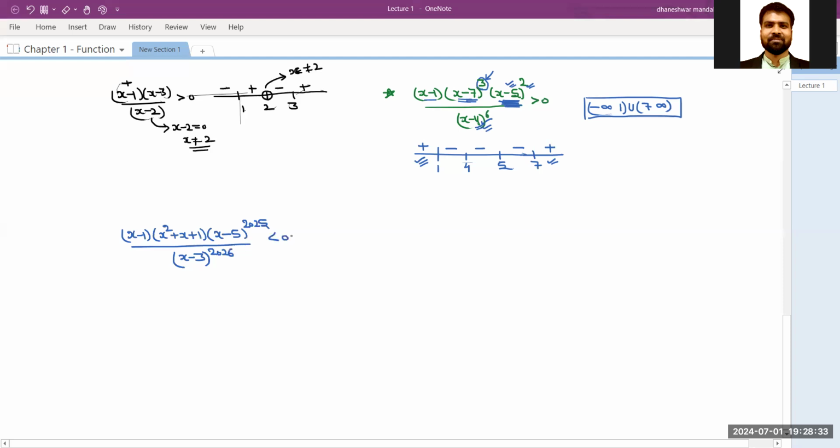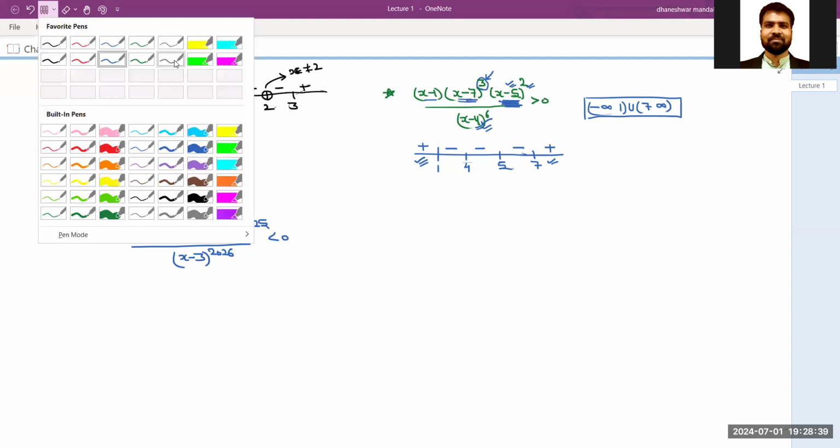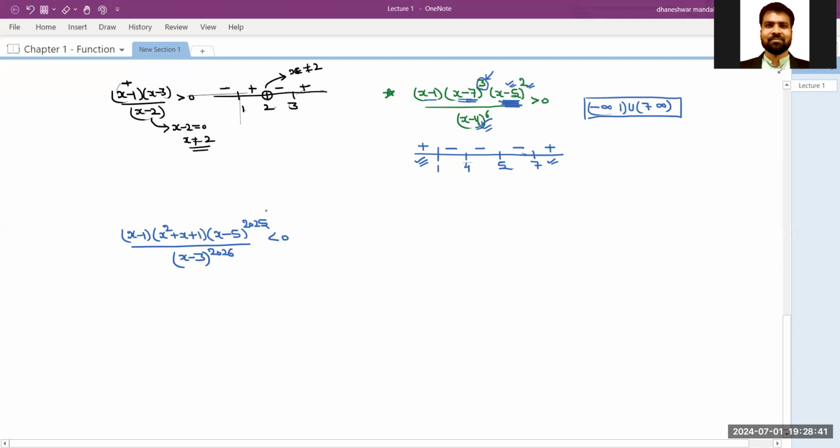And this expression is less than 0. If I want to see whether the sign is changing or not, then see this power. If the power is odd, then the sign will change. If the power is even, then the sign will not change. What is the answer for this?